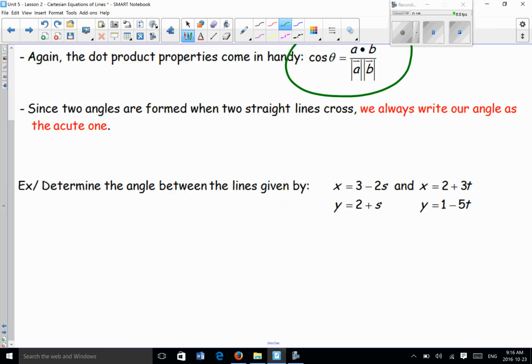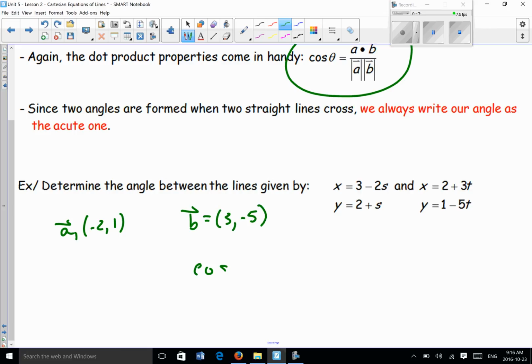And so I have two lines here. I want to find the angle between them. So direction vector 1 would be (negative 2, 1), and direction vector 2 would be (3, negative 5).